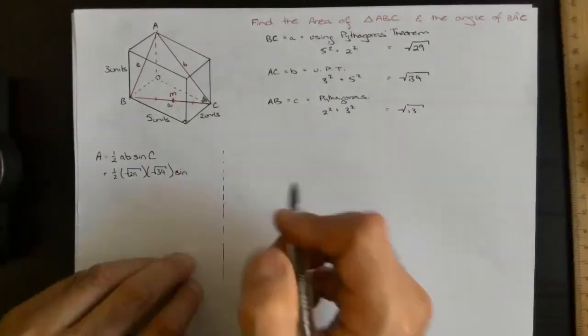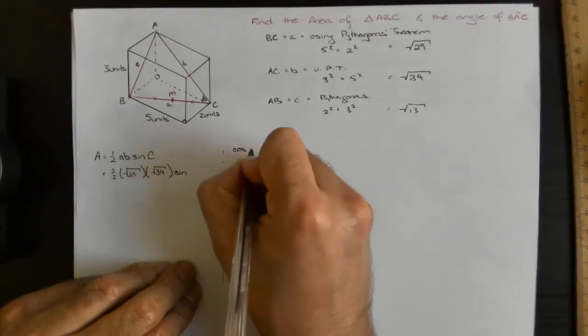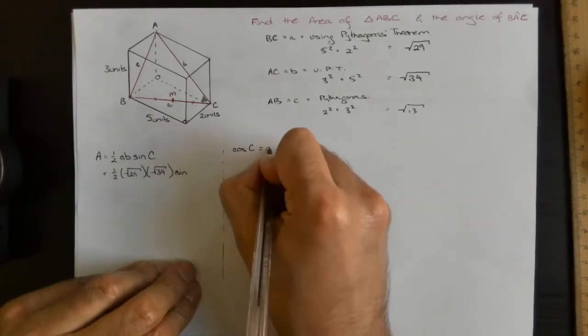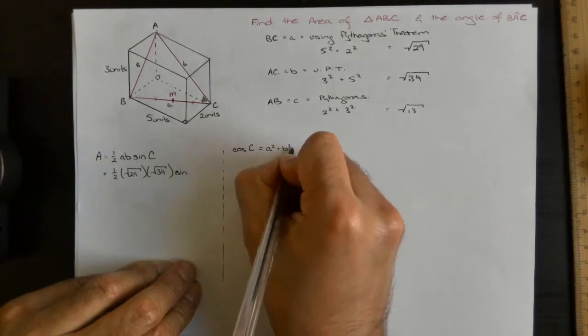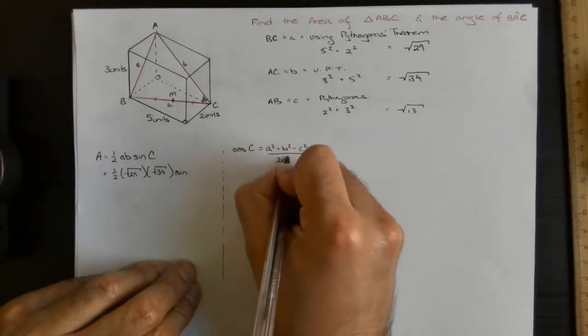So the cosine rule says cos C equals a squared plus b squared minus c squared over 2ab.